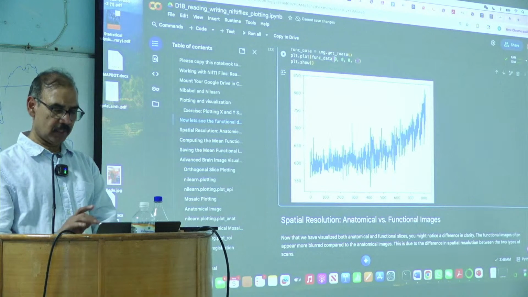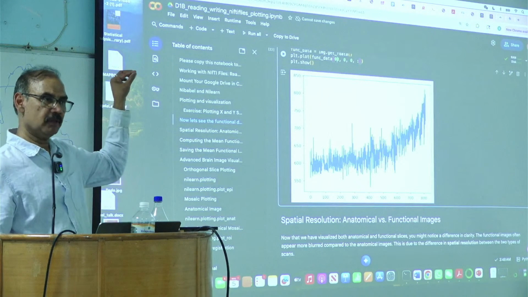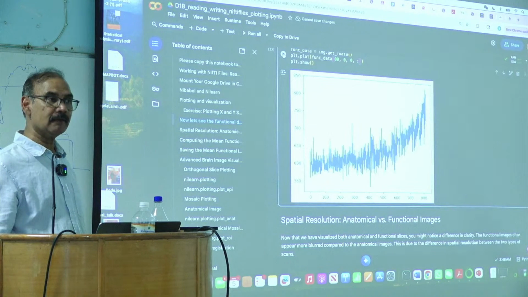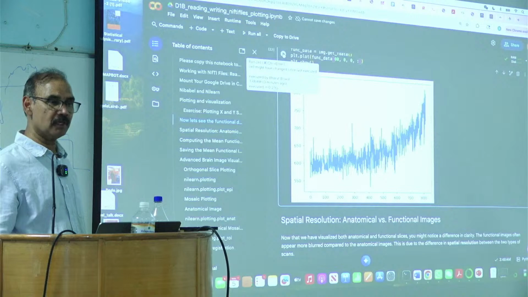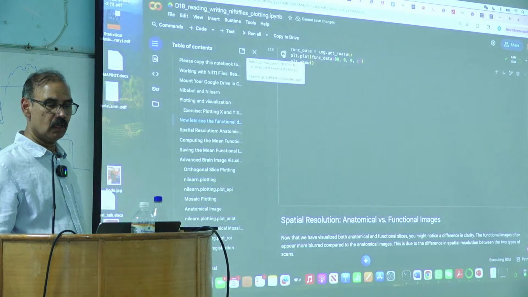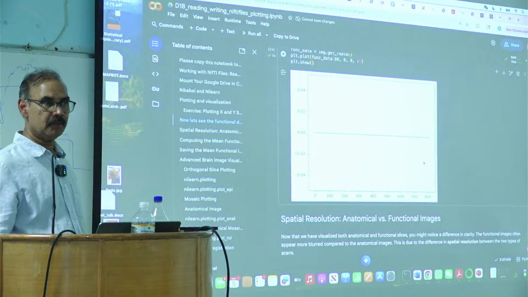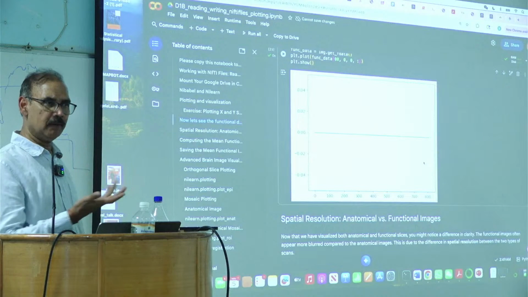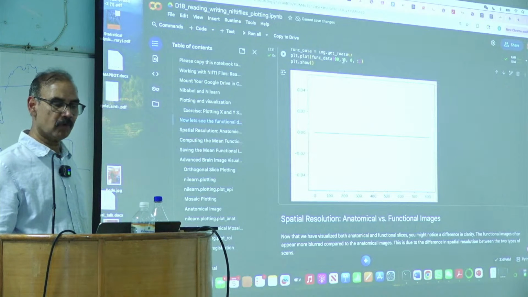First, like the edge, the first voxel, any guesses what the signal should look like? Right? Because it's on the edge and we have removed some of the voxels.